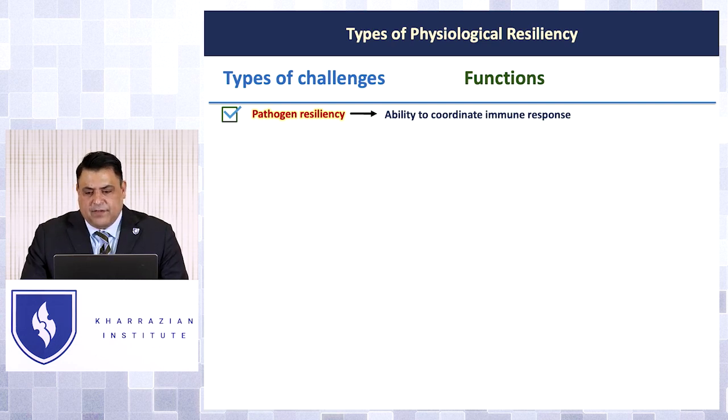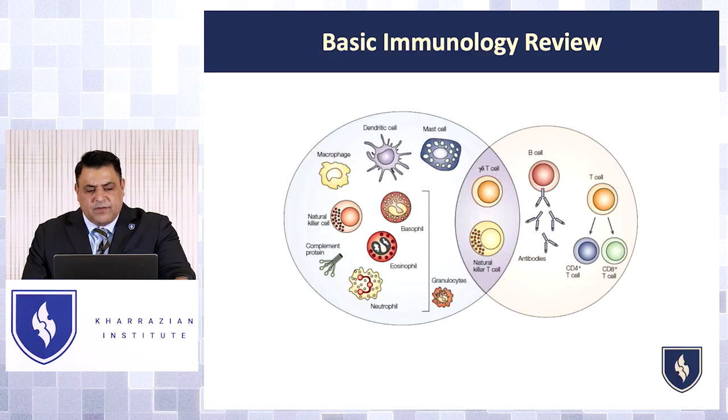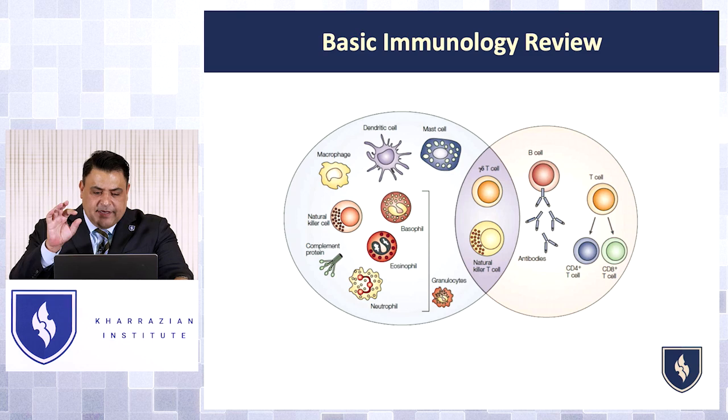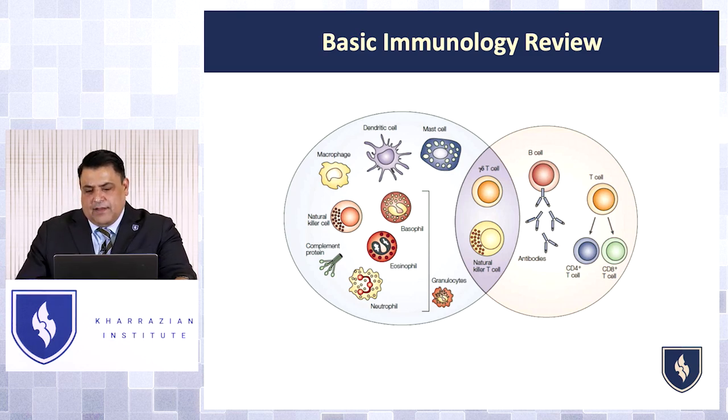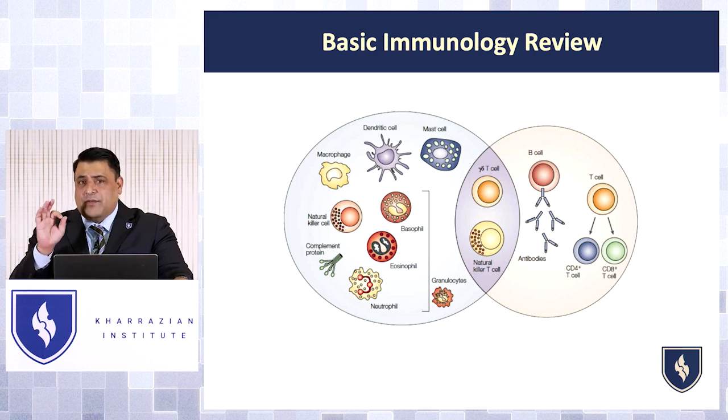So let's talk about pathogen resiliency. Your immune system can age. Your immune system can develop what's called immunosenescence. And immunosenescence means the coordinated response from when a pathogen enters your body and how you respond to get rid of the pathogen can become less efficient. That can happen because the signaling pathways between immune cells are not functioning as well, the so-called hallmark of aging, loss of intercellular communication.